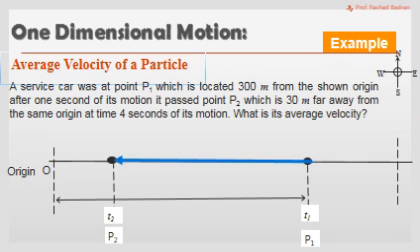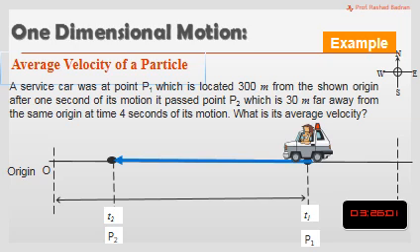In this example, a service car was at point P1, which is located 300 meters from the shown origin after 1 second of its motion. It passed point P2, which is 30 meters away from the same origin at time 4 seconds of its motion. What is its average velocity?